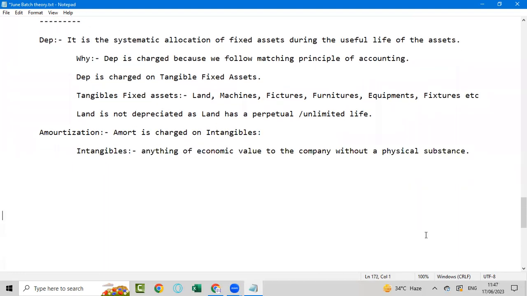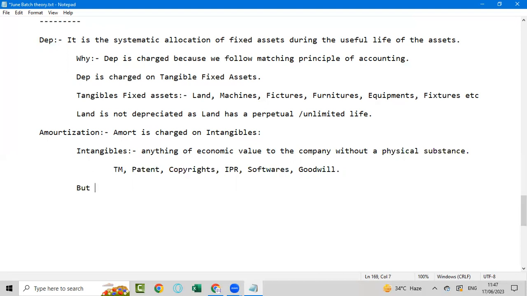And what do we have in intangible? Trademark, patent, copyright, IPR, intellectual property rights, some kind of recipe, some kind of software, and goodwill.